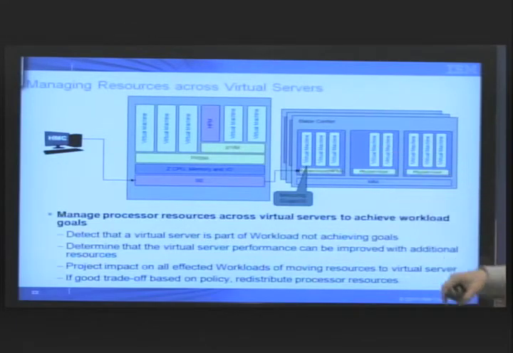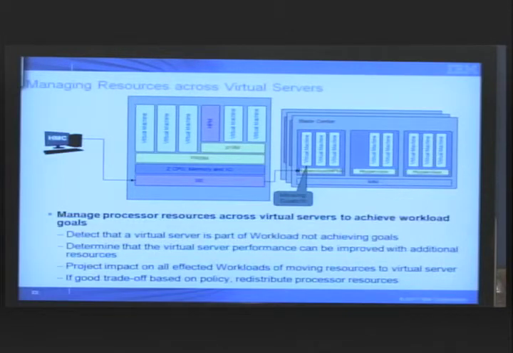If we find such a virtual server, we build a model of how CPU is used by the virtual server and how that affects its performance. By having that model, when the virtual server is missing its goal, we can figure out whether providing more CPU to it would help or not.